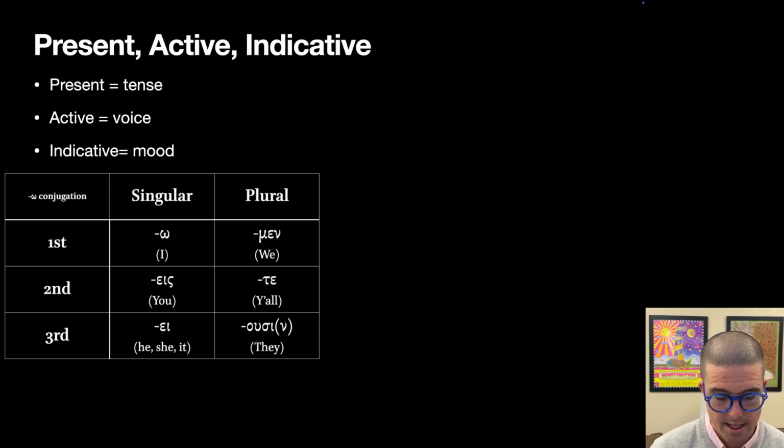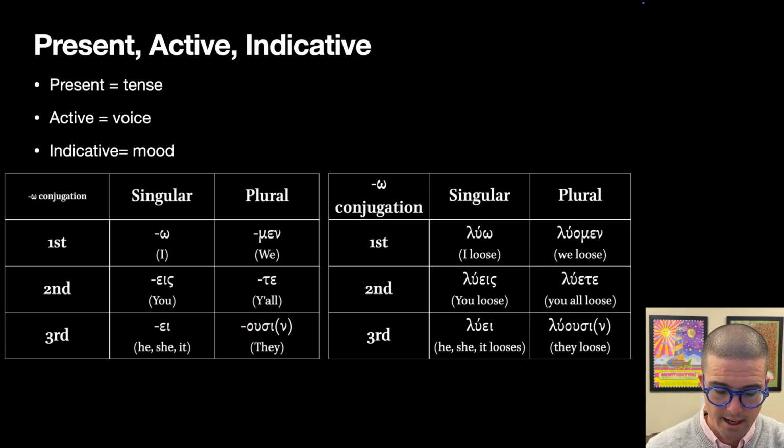And so you can see here that it's actually these two that will take a connecting vowel. These three already have a connecting vowel attached to them, because this is a vowel, omega. This is a vowel as a diphthong, epsilon iota. Again, epsilon iota is a diphthong, and then another diphthong here, omicron upsilon. So we've already got the vowel embedded in the ending, so that when we put them on to the stem, there's not another connecting vowel added.